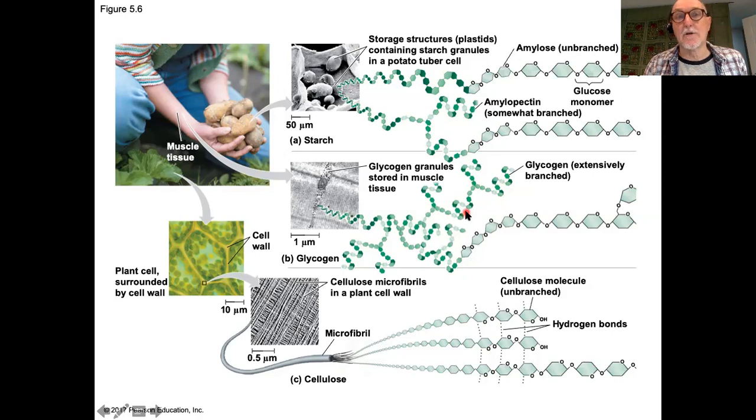And glycogen occurs only in animals, and it is laid down largely in the liver as a store of glucose units, and in the muscles. In the muscles, because muscles require a source of fuel, and they may need it very rapidly, rather than having to mobilize glycogen from the liver and transfer the glucose units to the muscles, they have their own glycogen stores, which can be accessed if they need energy.